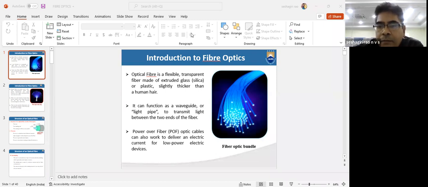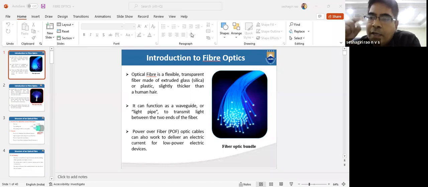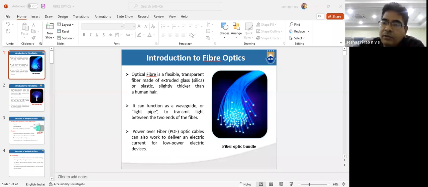Also we have seen the different materials surrounding a fiber: core, cladding, silicon jacket, buffer jacket, and the strengthening material of the fiber. So we have seen the different parameters, right?